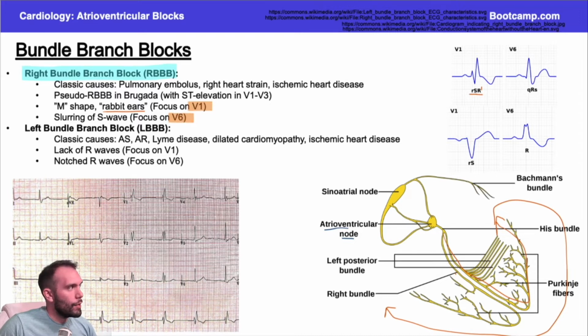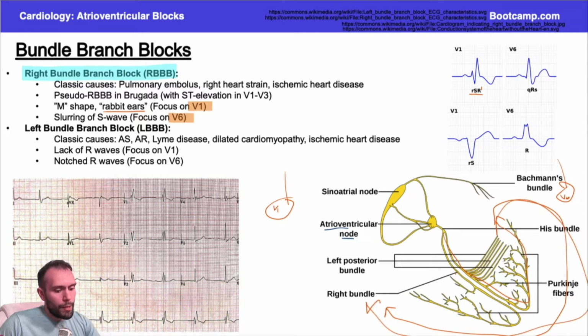The reason is that lead V1 is going to be on one side, and lead V6 is going to be on the other. So if you can see these two leads, you can pretty much figure out where these signals are going, because you're looking at the two extremes. That's the way that I remember it. If I just look at V1 and V6, I can figure out what's happening with these signals.